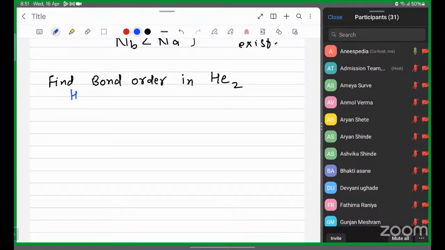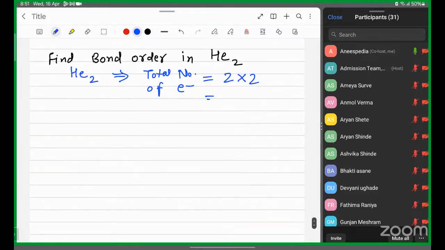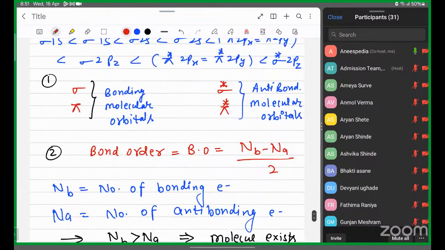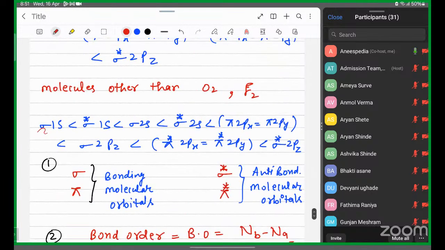For two helium atoms, the total number of electrons will be: the number of electrons for a helium atom is 2, so there will be 4 electrons. You can fill these 4 electrons in this series.